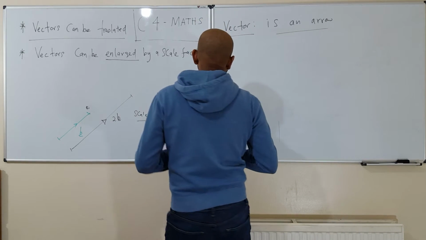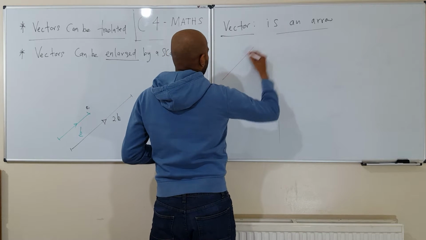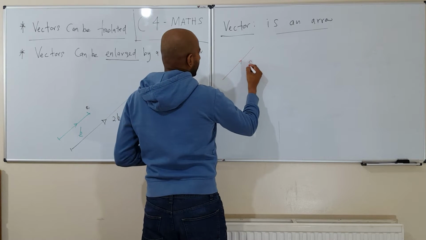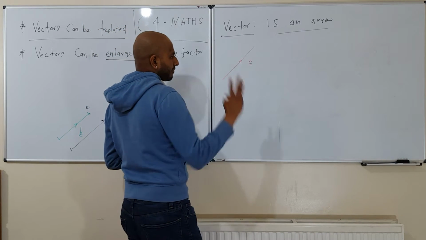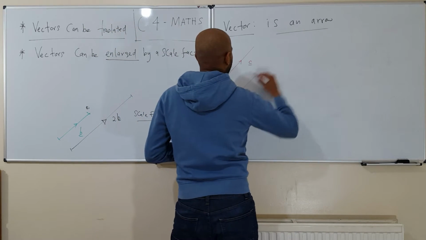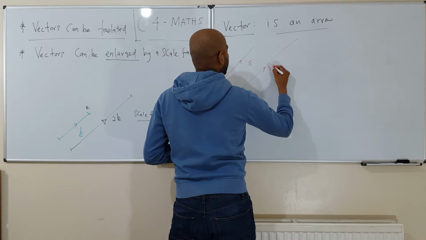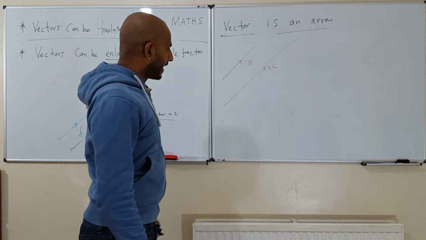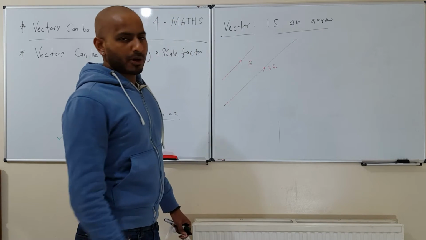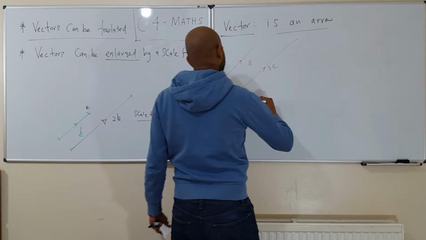Let's say we have a vector like that, vector given by C. I can enlarge this one by a scale factor of 3. So it's going to become 3c. I can enlarge this one by 0.5. It's going to become half.